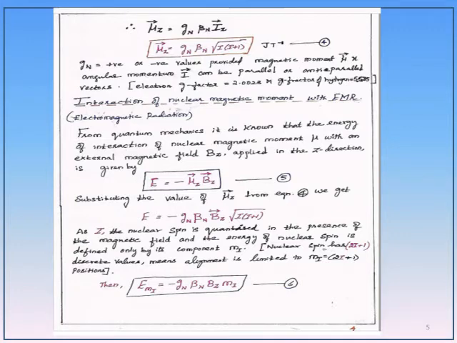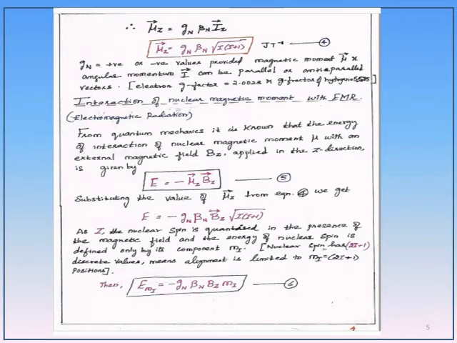Now I is the nuclear spin, which is quantized in the presence of the magnetic field, and the energy of this nuclear spin is defined only by its component Mi. So nuclear spin has 2I plus 1 orientations, discrete values, which means the alignment is limited to 2I plus 1 positions.